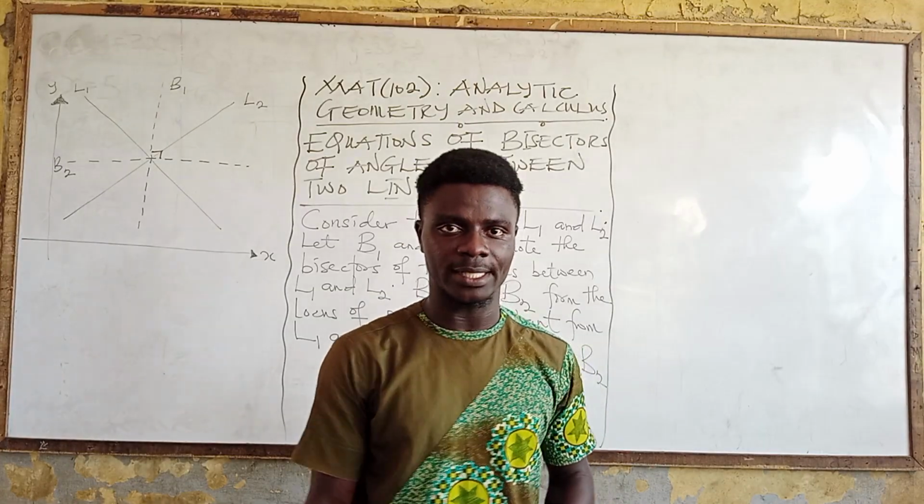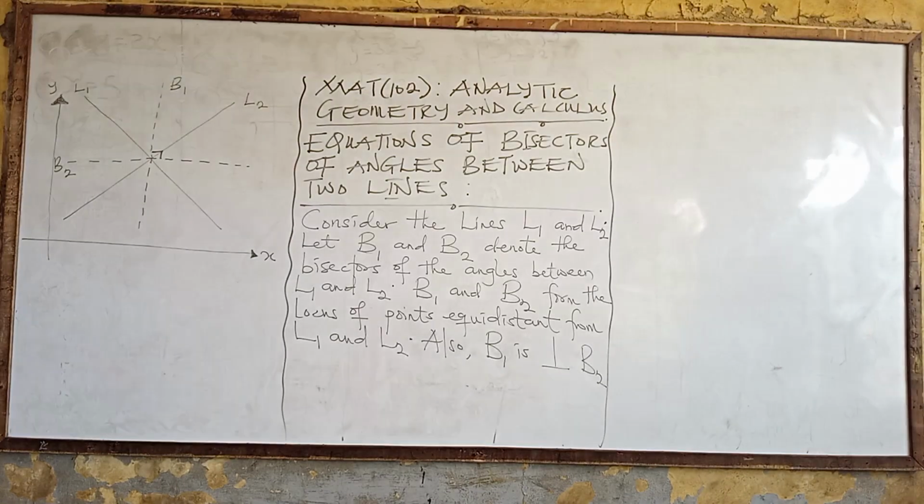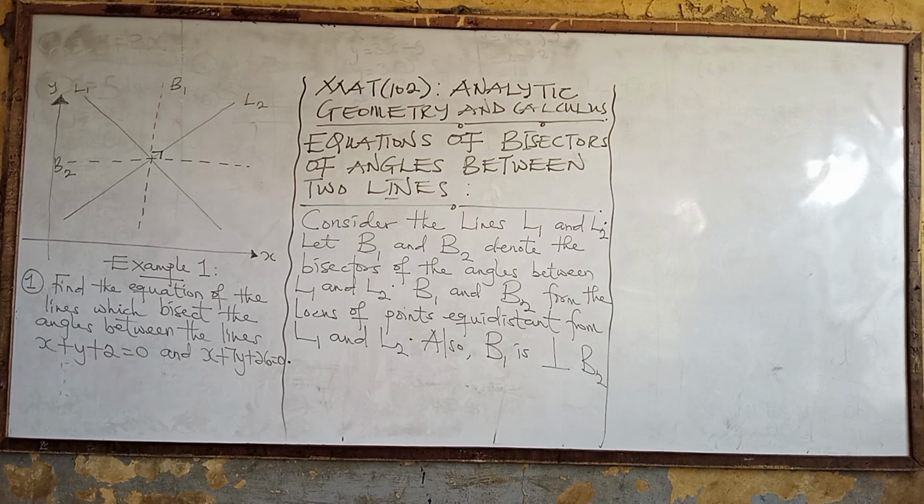So let's start with an example. Our first example is, example 1: Find the equation of the lines which bisect the angles between the lines x + y + 2 = 0 and x + 7y + 26 = 0.